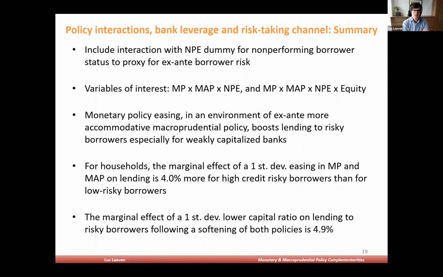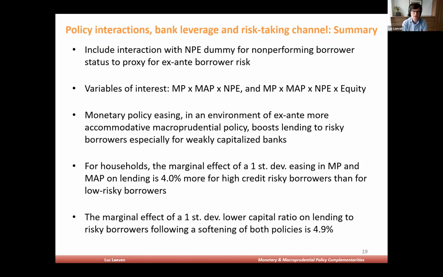Then on the risk-taking channel, here we also find strong evidence of the presence of a risk-taking channel. We capture this by including, in addition to having this interaction with equity, a dummy for whether the borrower has had non-payment problems with the bank in the past. So this is a measure of borrower risk from an ex-ante perspective.